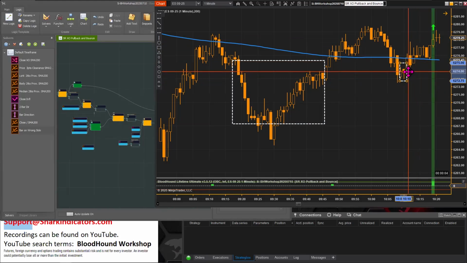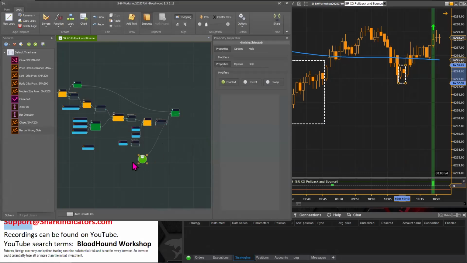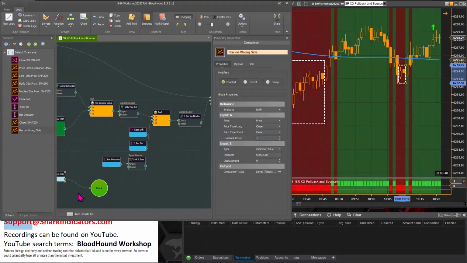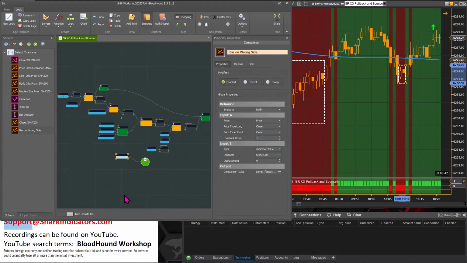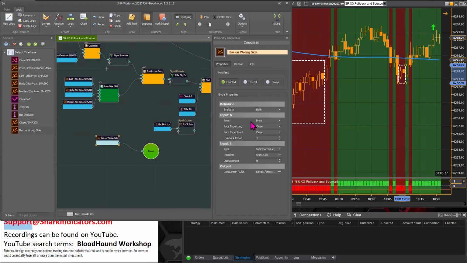So I'm going to generate an output in the opposite direction of our signal. So I'm going to generate a short here. All right. So let's move this back, connect that up. There. All right. So a short output when the high price is below the SMA.